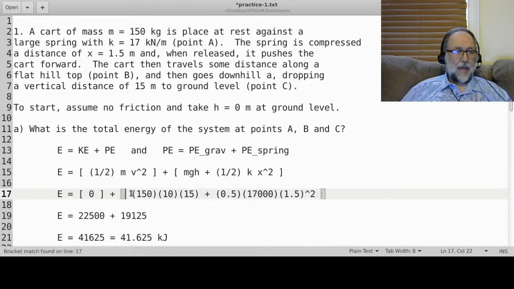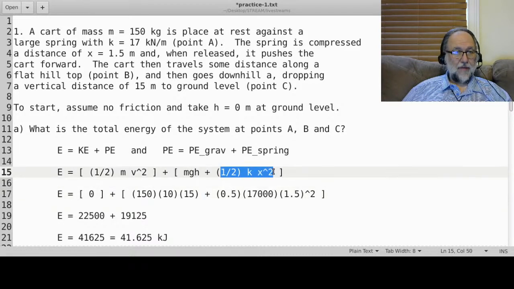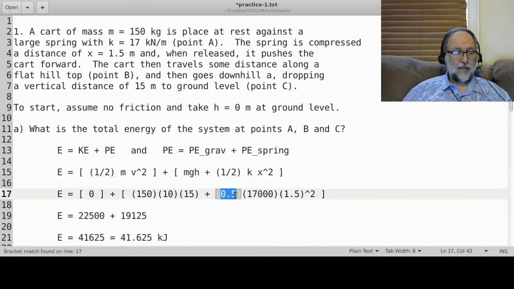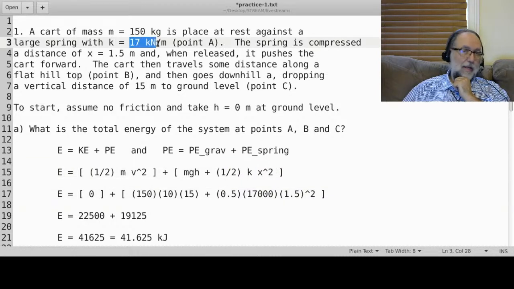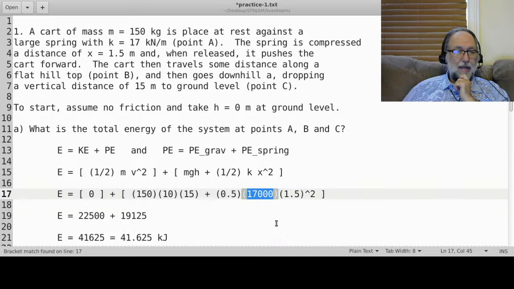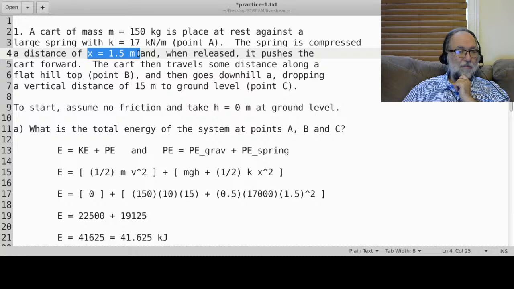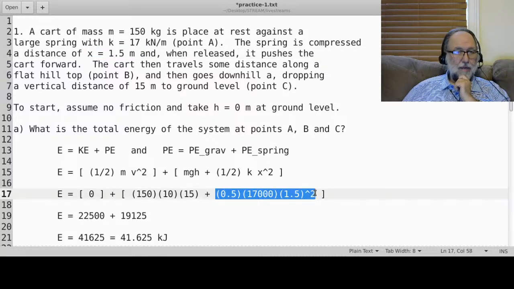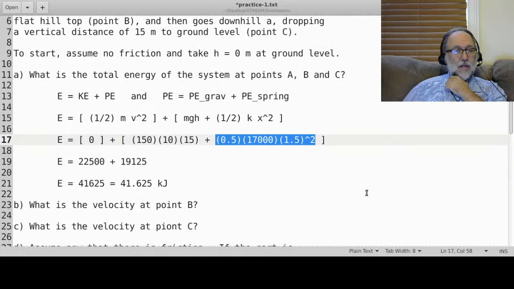And then the potential energy due to the spring is 1/2 kx squared. So there's the half. The k, I originally had it at 17,000, but again, I wanted to show you that the k means kilo there, and so it's 17,000 newtons per meter. That's the MKS version, and the spring is compressed 1.5 meters. That's already in MKS, so 1.5, and so there's the potential energy due to the spring.